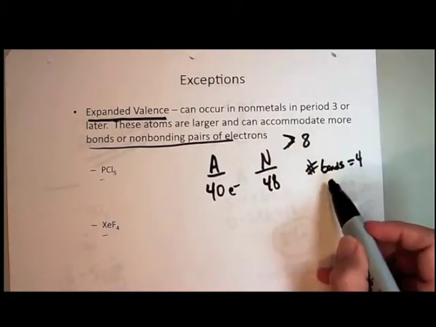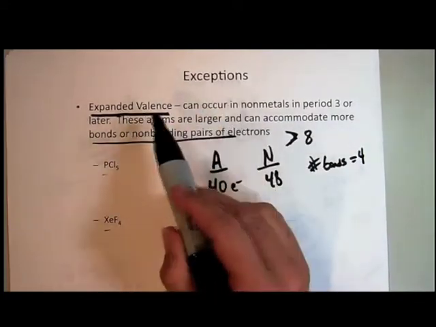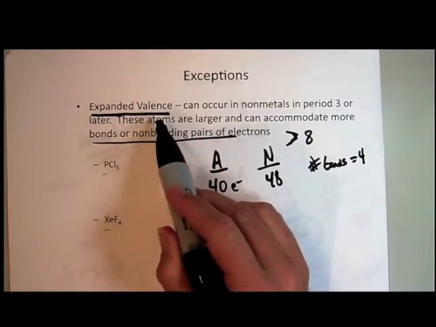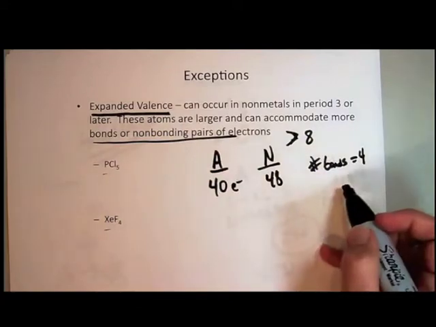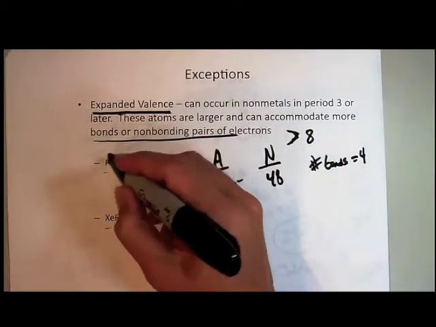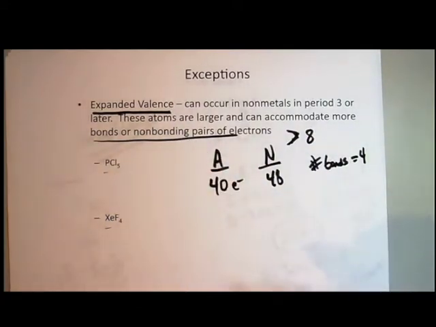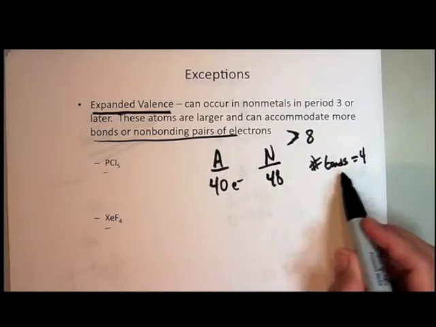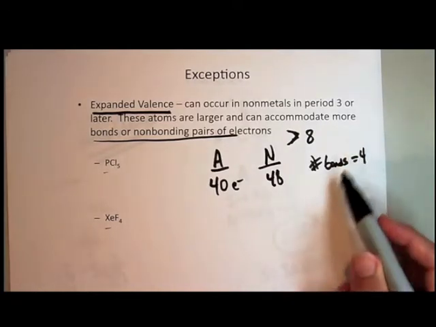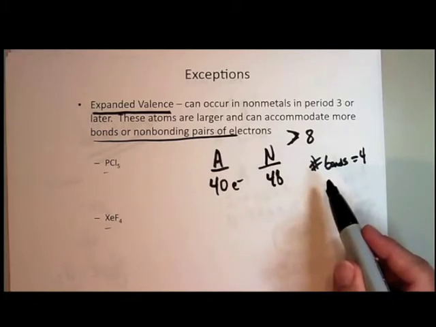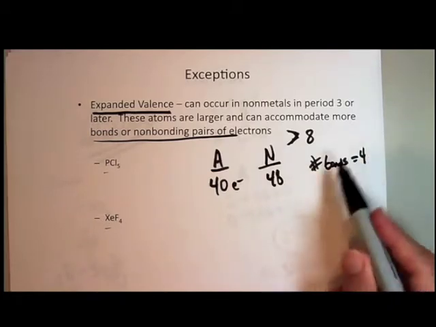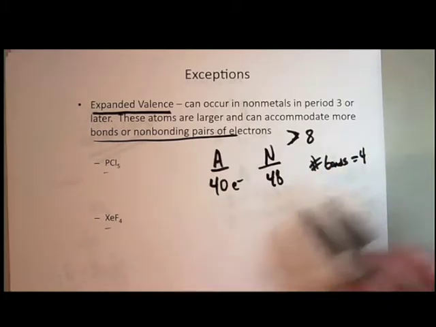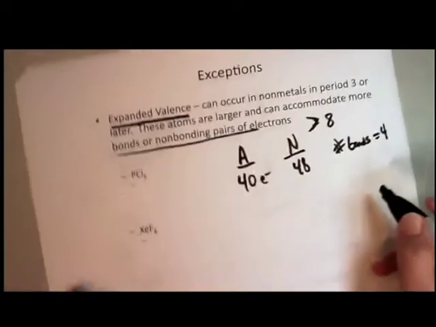Well, that's your first clue that this is probably some kind of exception, and an expanded valence exception at that. Because there are 6 atoms, and to hold 6 pieces together, you're going to have at least 5 bonds. So whenever this S equals N minus A rule falls down and predicts fewer bonds than you know you must have, that's a clue that this is probably going to be an exception to the octet rule.